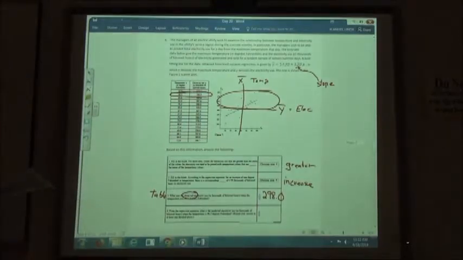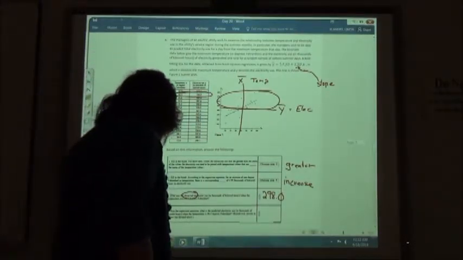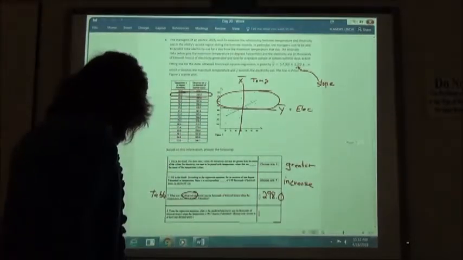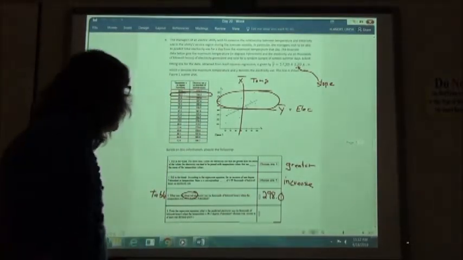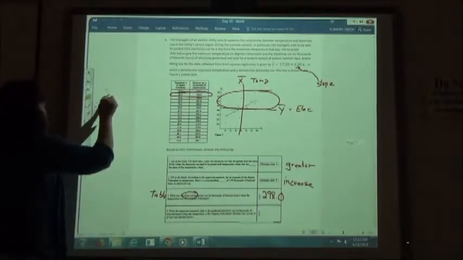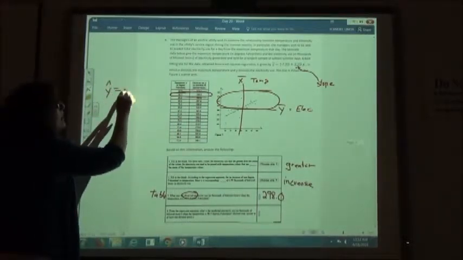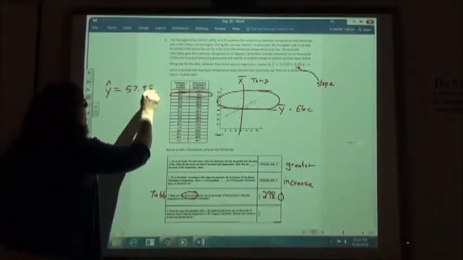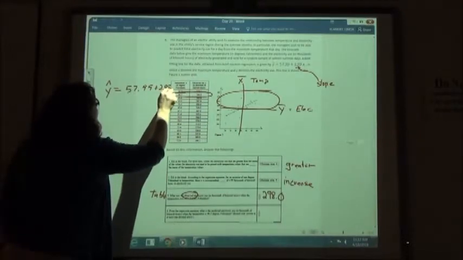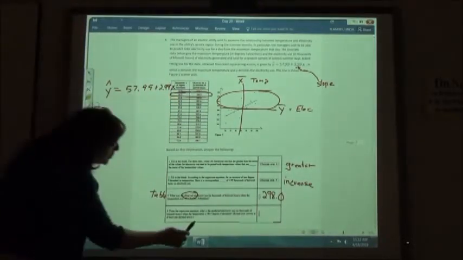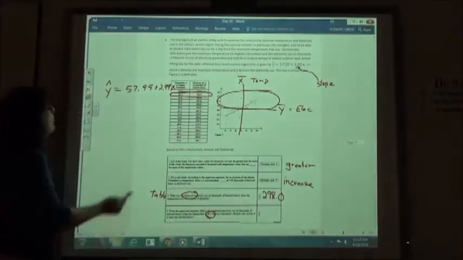And then the fourth question there, from my regression equation, what is the predicted electricity use in thousands of kilowatt hours when the temperature is 98.3? So now they're going to have us use the equation. Y hat equals 57.99 plus 2.99x. I'm going to substitute in 98.3 for my x.